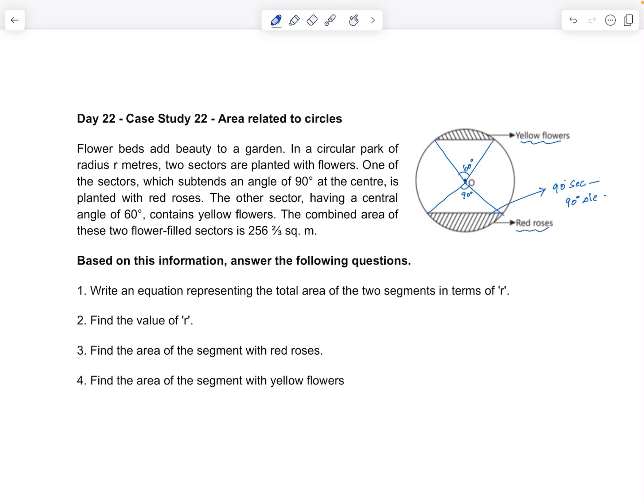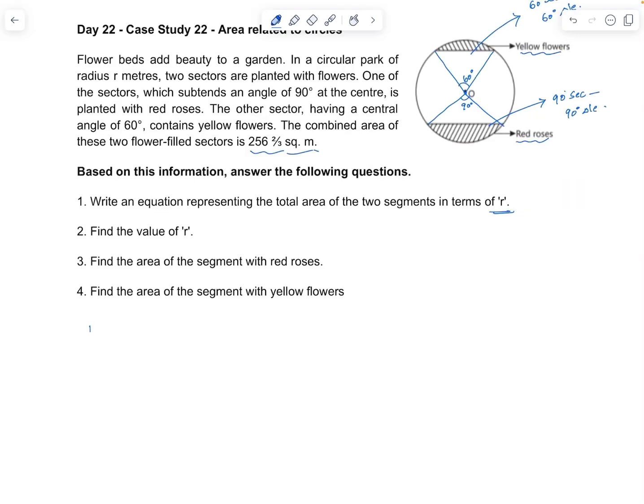The same way, to get the area of the yellow flower segment, we have to consider the area of the 60° sector minus the area of that triangle. The sum of these two has been given already. So with that, we have to get the expression in terms of r.